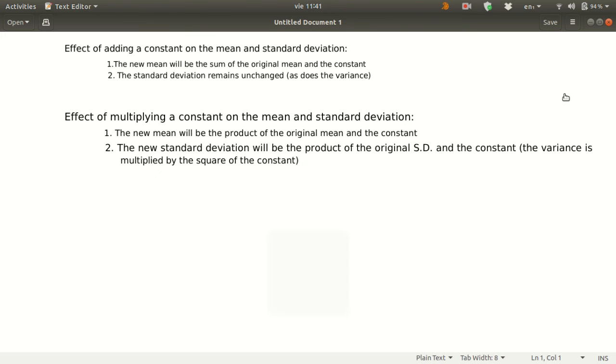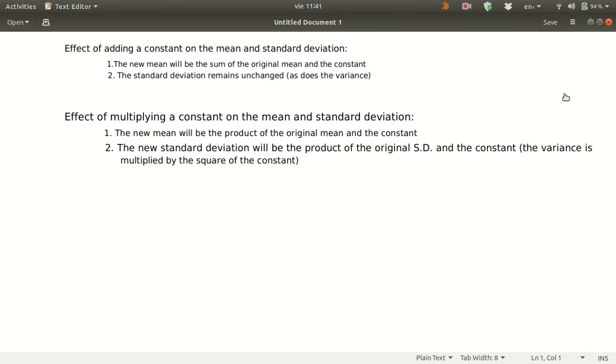Okay, so let's look at a quick summary of what we looked at in this video. The effect of adding a constant to every member of a data set on the mean is that the mean will also be added by the constant. The standard deviation remains unchanged, and the variance is also unchanged. Now what happens when we multiply a constant to every member of a data set?